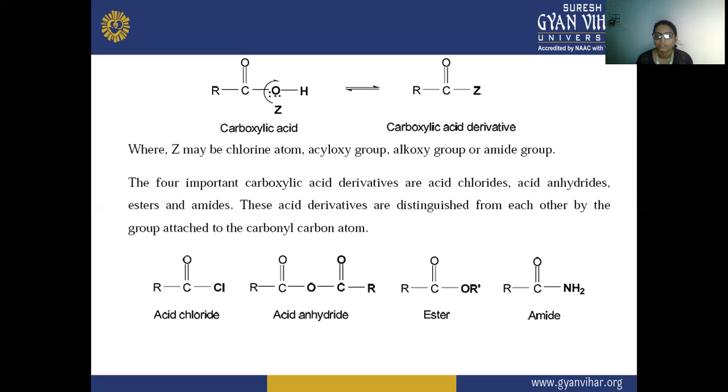So it becomes a carboxylic acid derivative, where Z may be a chlorine atom, acyloxy group, alkoxy group, or amide group. So the four important carboxylic acid derivatives are acid chloride, acid anhydride, esters, and amides.